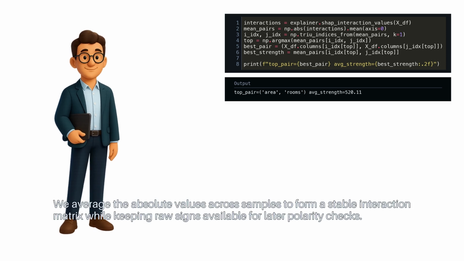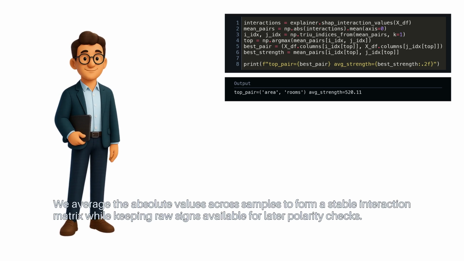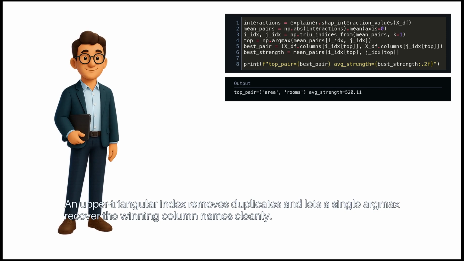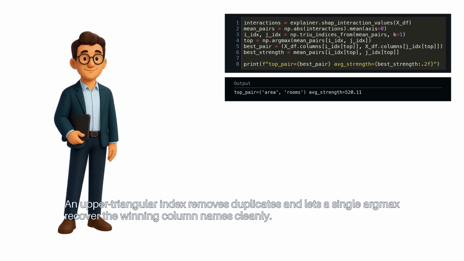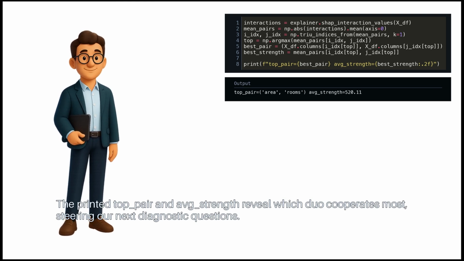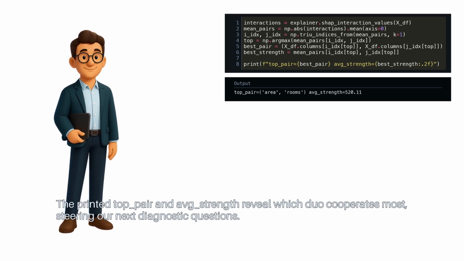We average the absolute values across samples to form a stable interaction matrix while keeping raw signs available for later polarity checks. An upper triangular index removes duplicates and lets a single argmax recover the winning column names cleanly. The printed top pair and average strength reveal which duo cooperates most, steering our next diagnostic questions.